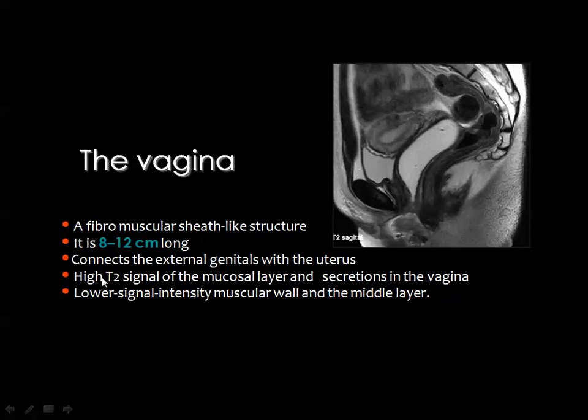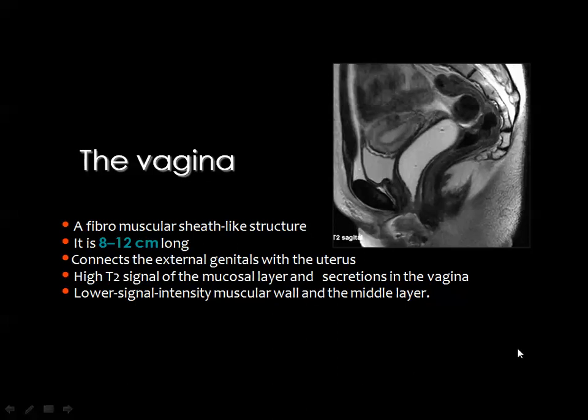tube, which is about 8 to 12 centimeter long, and it connects the uterus to the external environment, and it has a high T2 signal mucosal layer and a low signal intensity muscular wall.